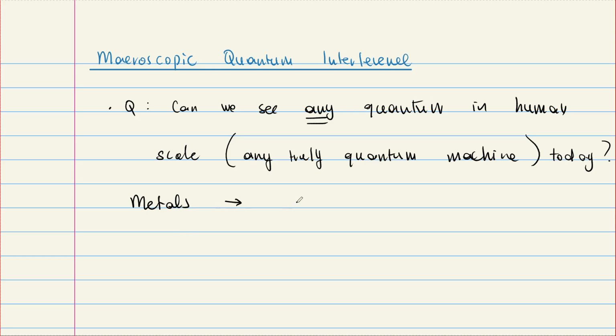But at the end of the day, if you measure current versus voltage, the conductivity or resistance, you get the classical result. There are some quantum parameters, but they don't matter. We observe a classical result. Or similarly, think about laser.